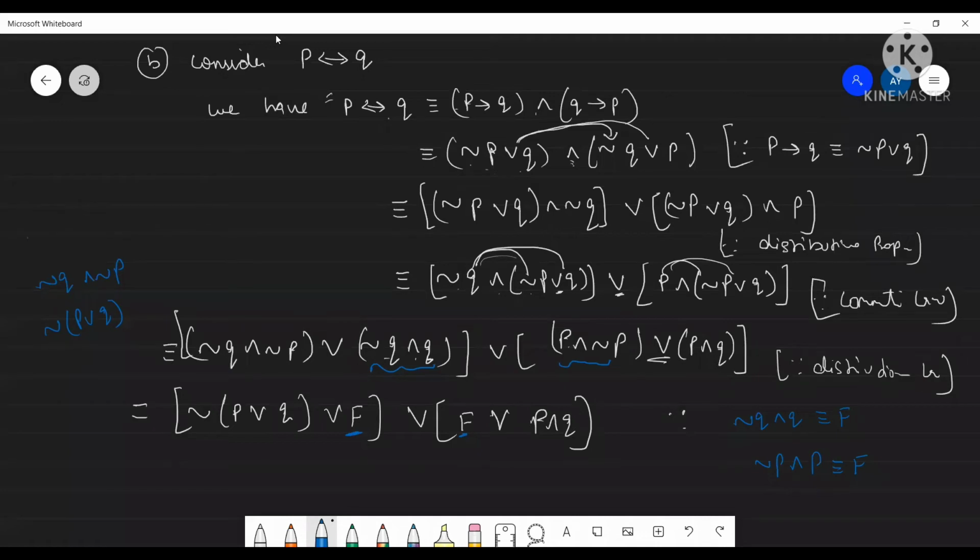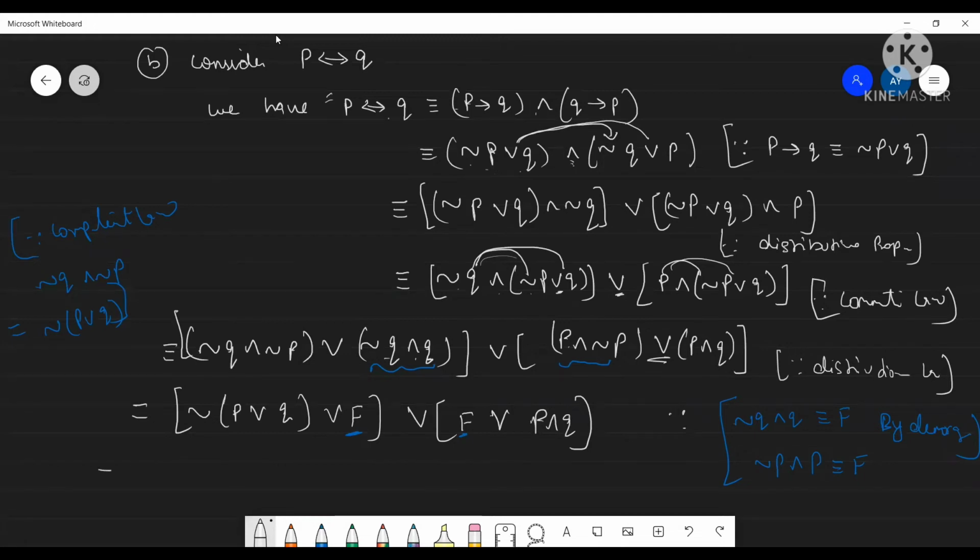This is by the complement law, and this is by De Morgan's law. This is what we got after using De Morgan's law and the complement law.